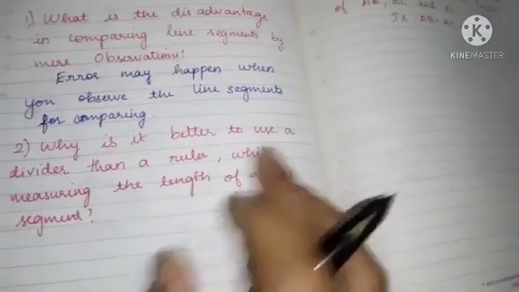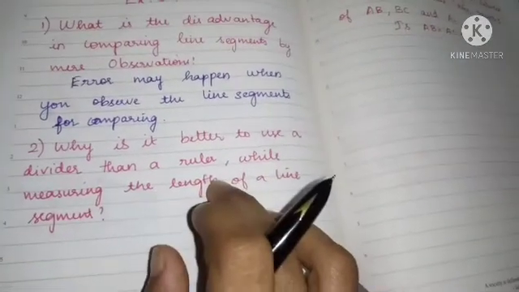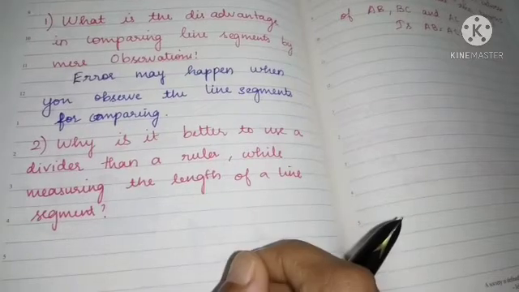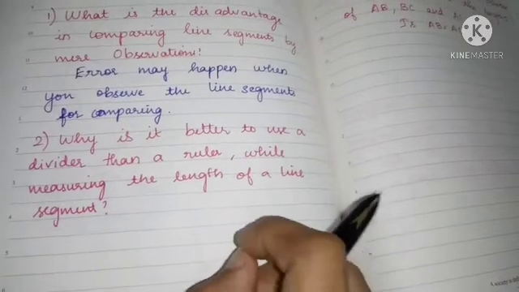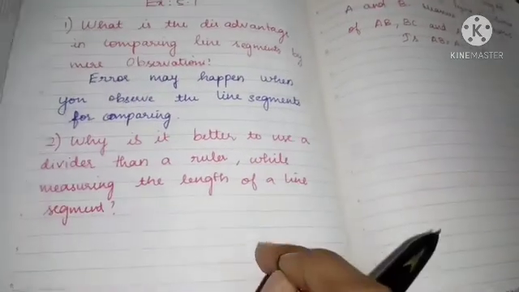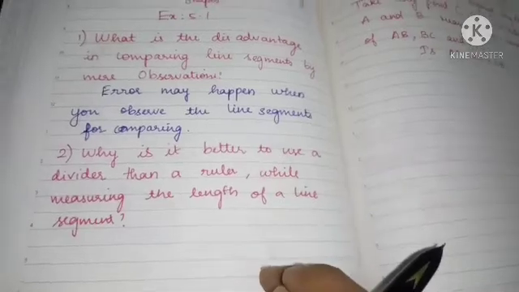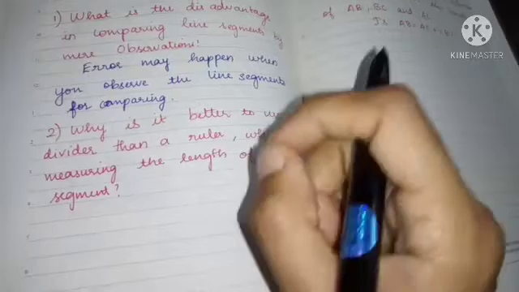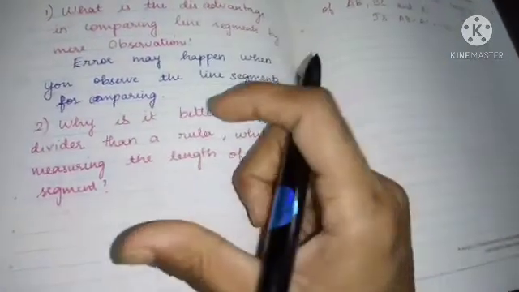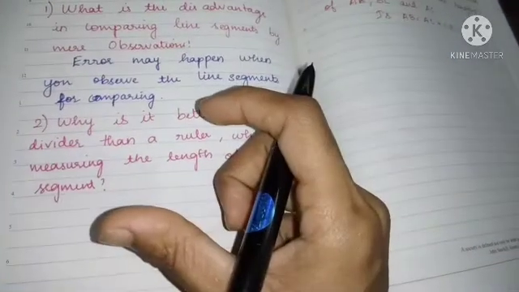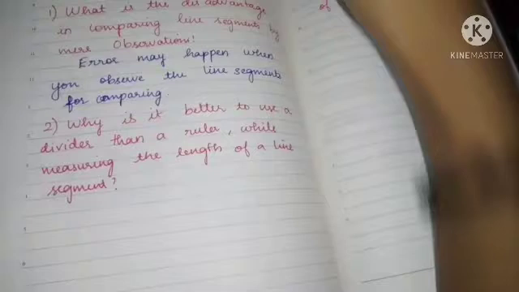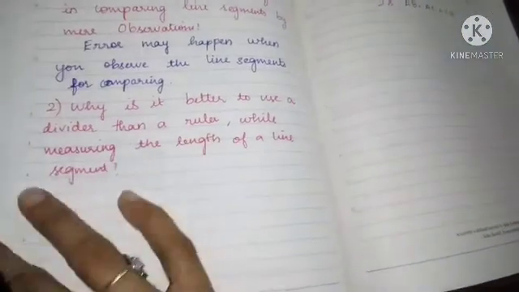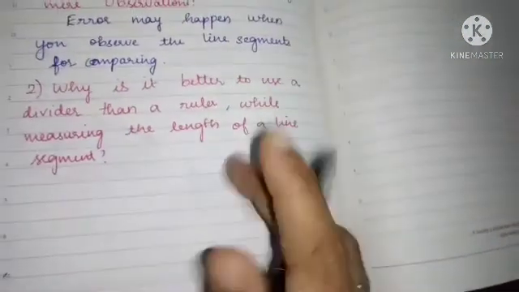Why is it better to use a divider than a ruler while measuring the length of a line segment? They are saying it is better to use a divider than a ruler, than the scale. Because the scale has some thickness, right? Because of that, error may happen, but the divider will give an accurate result. Why is it better to use a divider than a ruler?